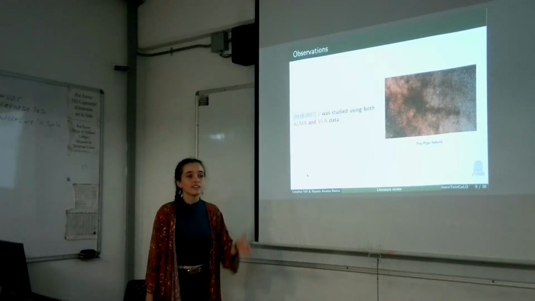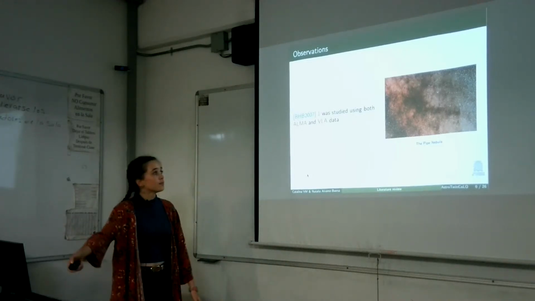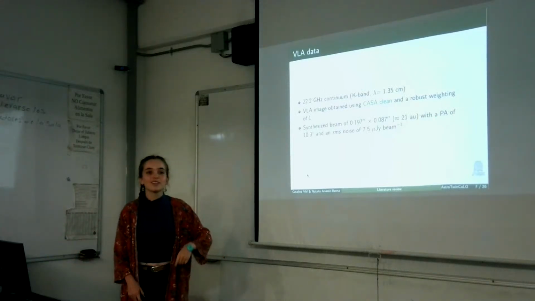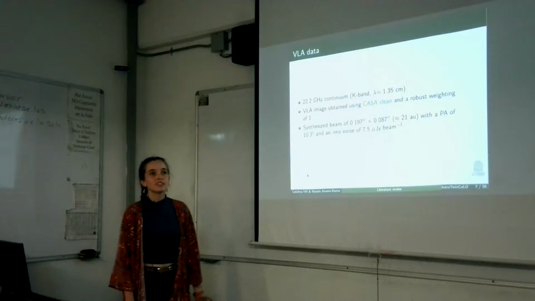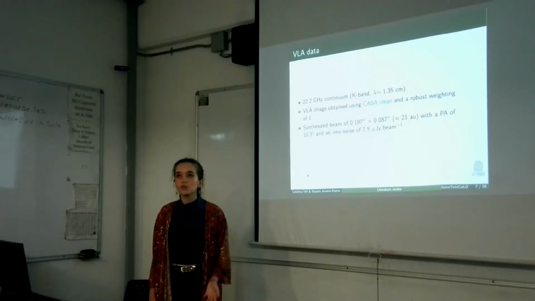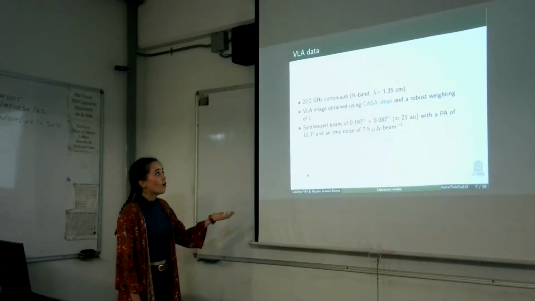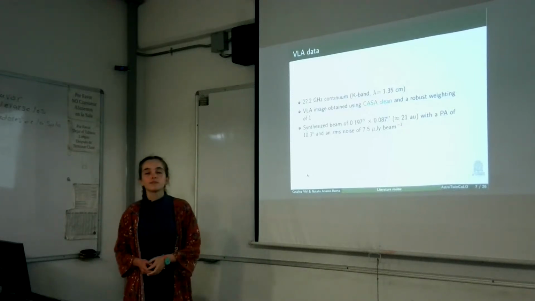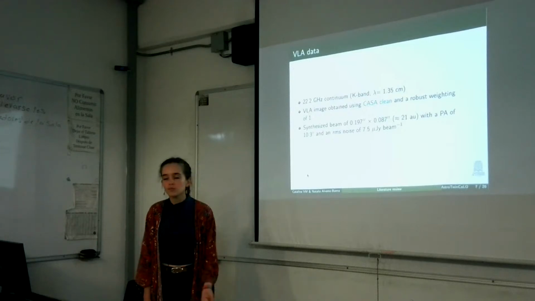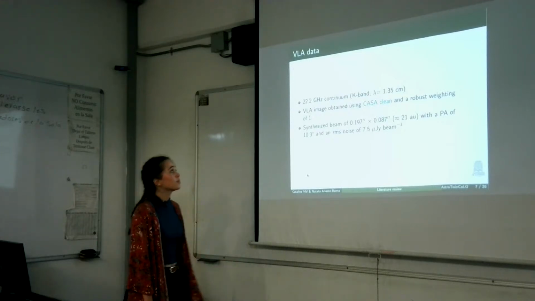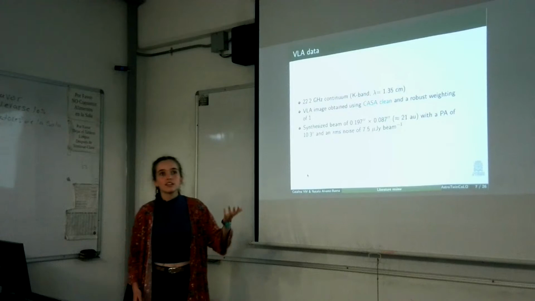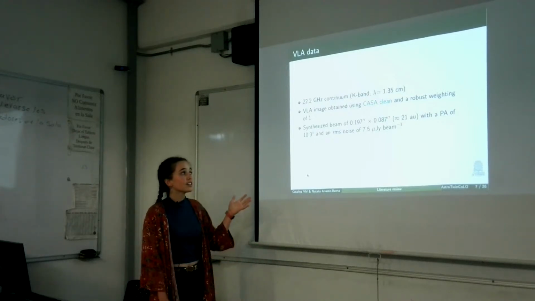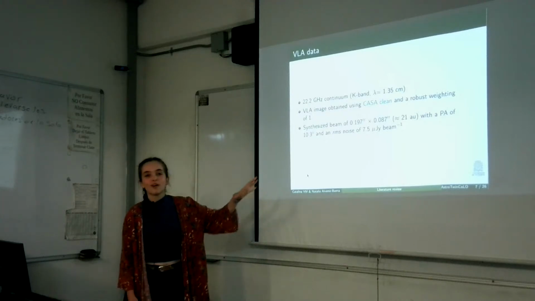The star is located in the Pipe Nebula, and it uses a configuration of 22.2 gigahertz of continuum in the K-band and a wavelength of 1.35 centimeters. For the imaging, they used Clark clean and a weighting of 1.